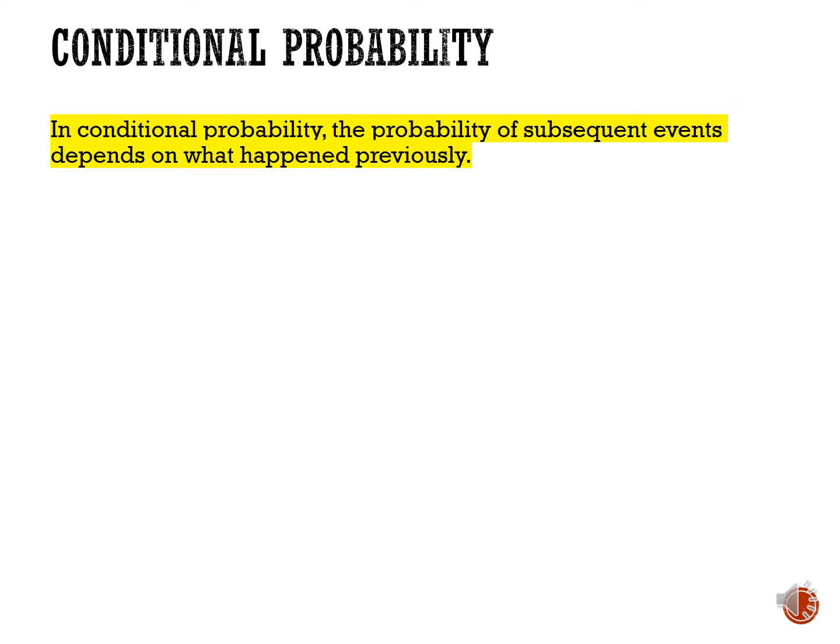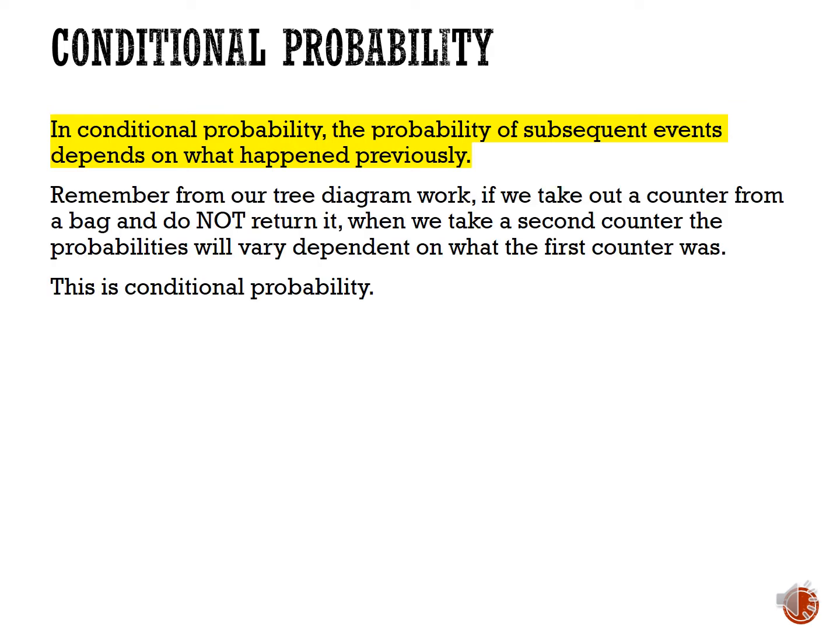So what conditional probability is all about is it's where the probability of the next event depends on what happened previously. If we think back to our tree diagram examples, we did an example where we took a counter out of a bag, we noted what its colour was, and we did not put it back.